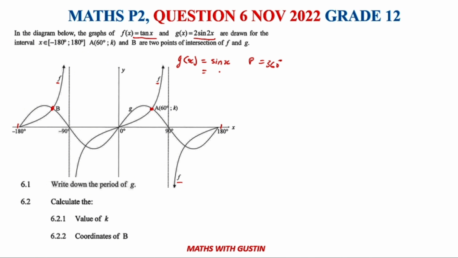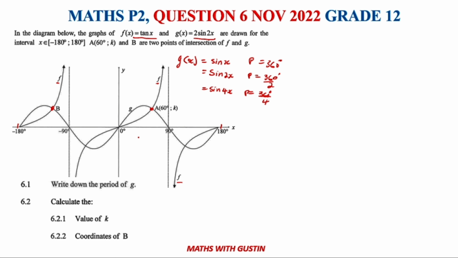When you start putting something on the coefficient, say 2, you divide 360 by 2. Or if you put 3 or 4, you divide the original period 360 by 4.